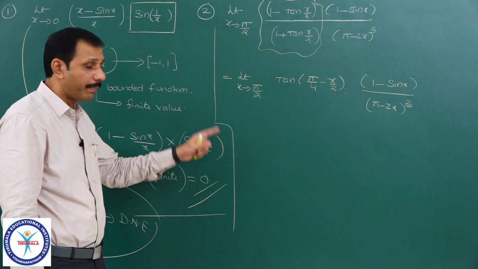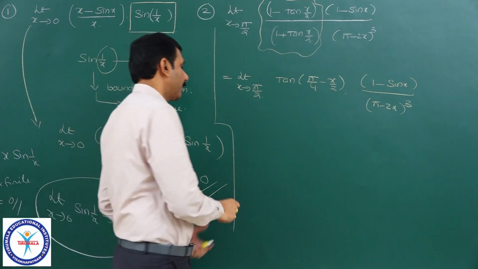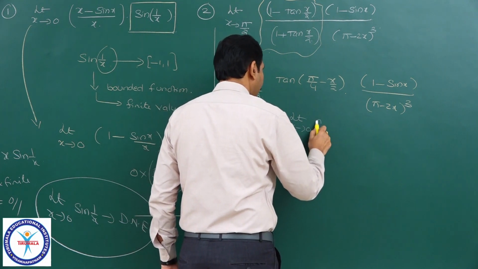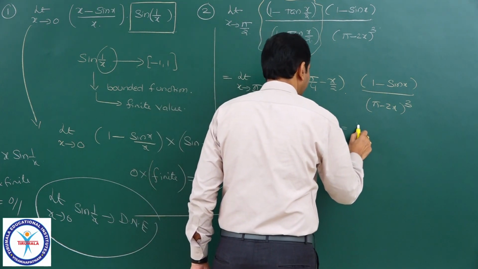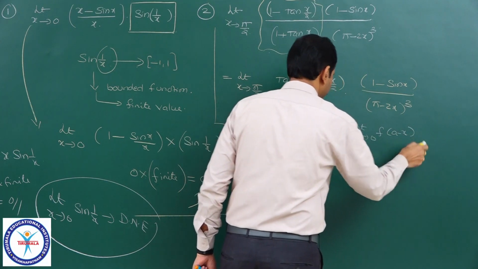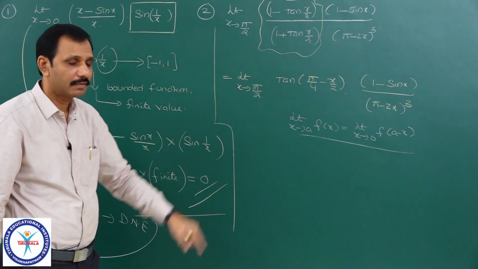Now, in the previous problem I have explained, whenever x tends to a, f of x can be written as x tends to 0, f of a minus x. I will write it.